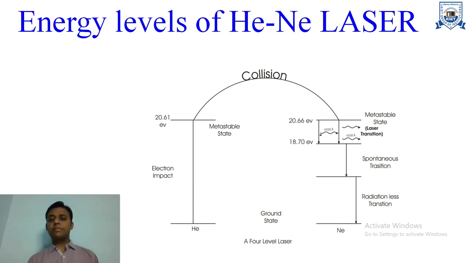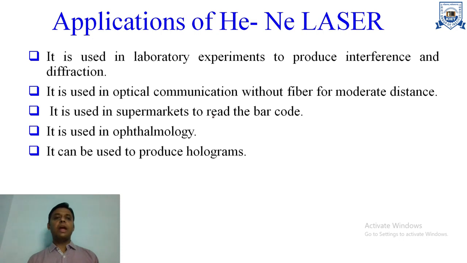We will get the first spontaneous transition, with a wavelength of 6328 angstrom, and this photon stimulates other neon atoms to come down to the lower state, and finally we will get the output of wavelength 6328 angstrom, and this output is in the form of a continuous wave. After this there will be a spontaneous transition that has a broad spectrum, and after that there is a radiationless transition.